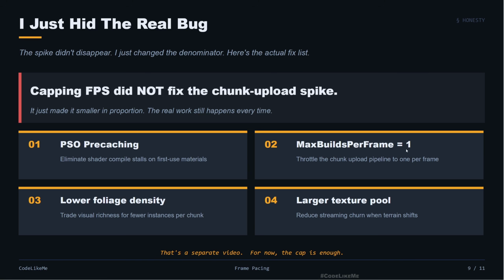We can reduce that if you're using my plugin, but that's not common for all projects. And of course, lowering the foliage density or increasing the texture pool are options you can look into if you need further optimization.